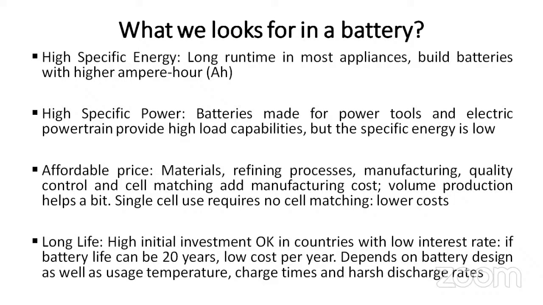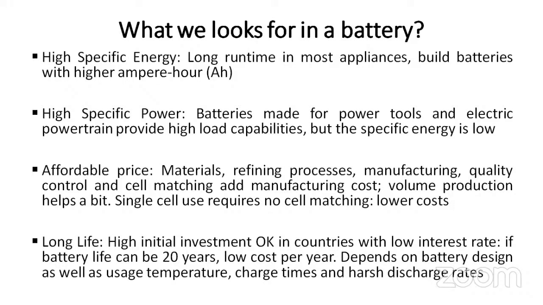Now, the more you increase the capacity of the battery, the pack size and weight will increase, right? And if you have a lower specific energy of the cell, then more size and more weight you require. That's why in order to have a good amount of range, you need a higher kilowatt hour capacity of the battery pack.